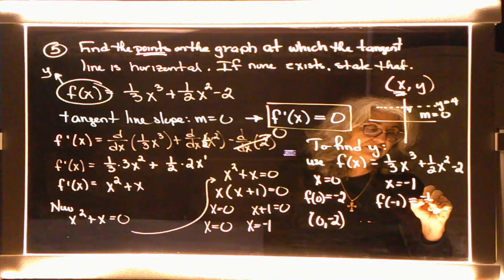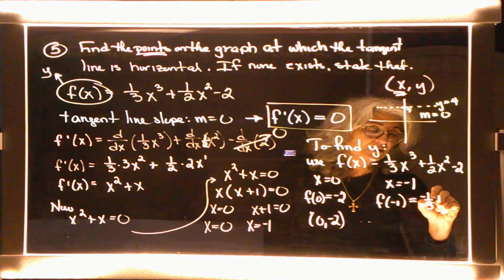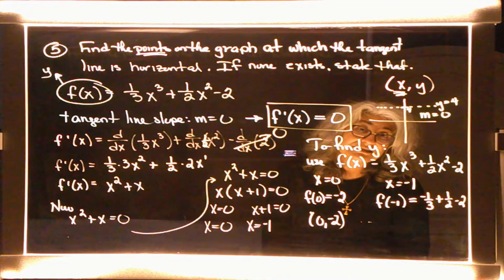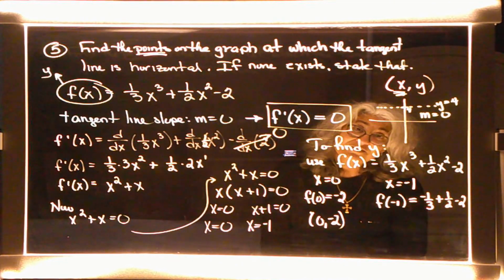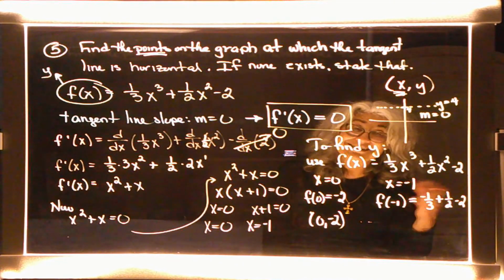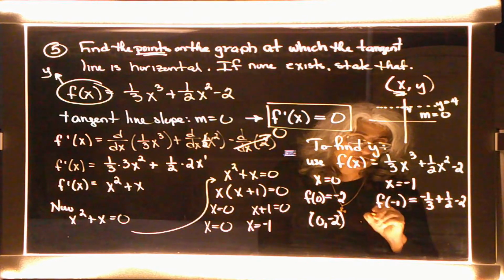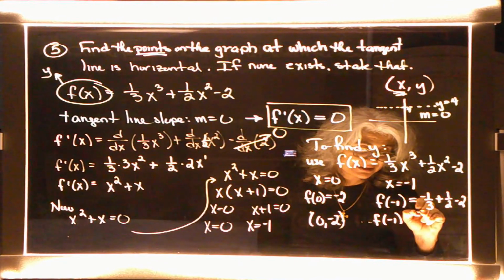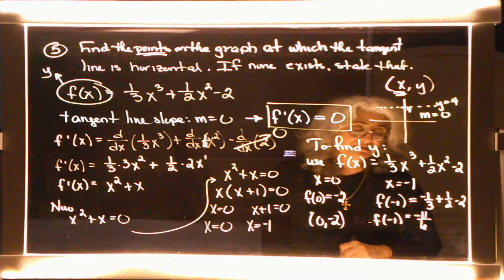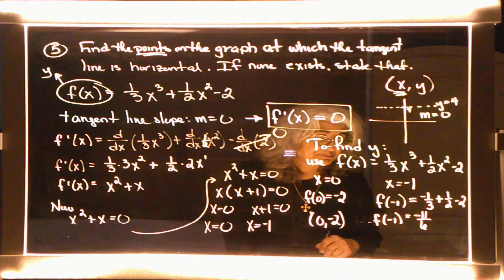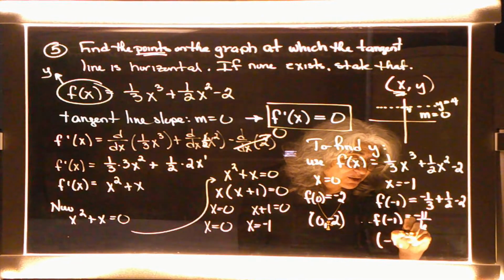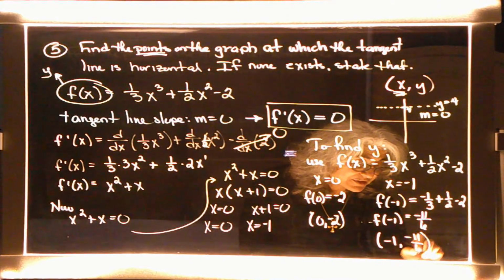Yeah, you get -1/3 plus 1/2 minus 2, right? And then you're going to have to get the common denominator of 6. I'm going to let you do that work. And for me, when I did this, I got -11/6. Hopefully we agree. Which means my second point is (-1, -11/6).